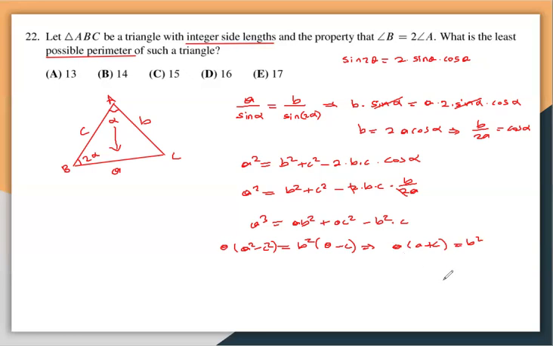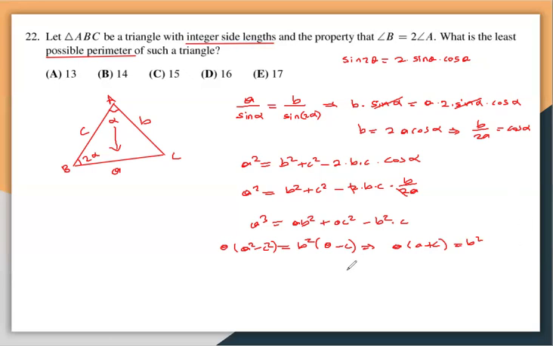Because if a and a plus c have a common divisor, you can still simplify those, which is why we don't want to have that situation. But the problem is, we multiply two numbers that are relatively prime to get a perfect square. So that means a and a plus c should each be a perfect square separately as well.